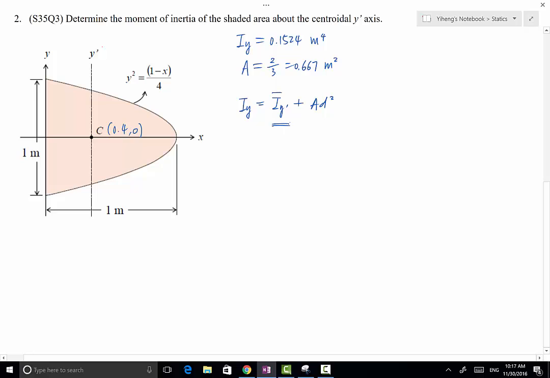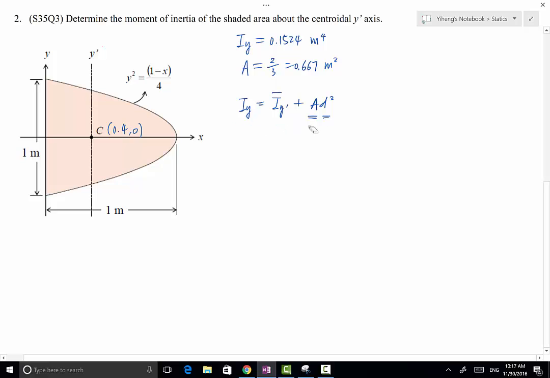This one right here is the moment of inertia about the centroidal y prime axis. And this is the moment of inertia about another axis that is parallel to the y prime axis. And this is the total area of this shape. And this d right here is the perpendicular distance between these two parallel axes.